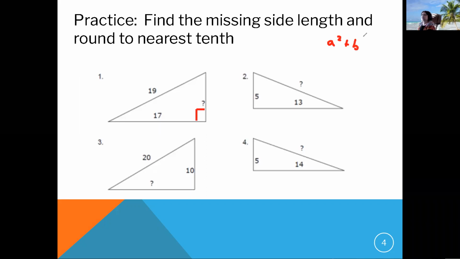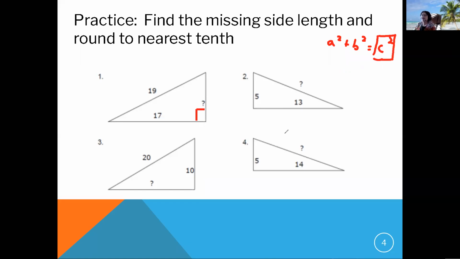They touch and make that corner. C is across from that right angle. It doesn't touch that 90 degrees. Now, A and B can be interchanged. I could call one leg A and the other leg B, or flip it and call it B and A. It's the C that matters the most.